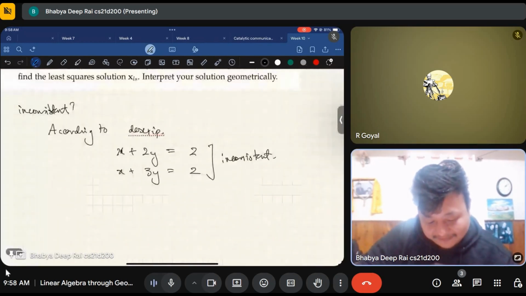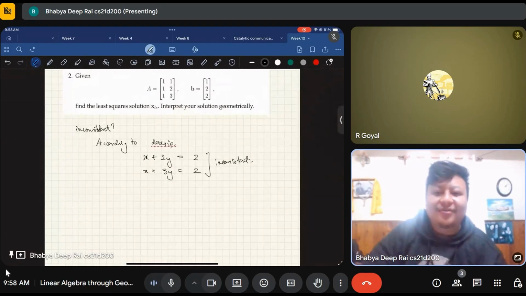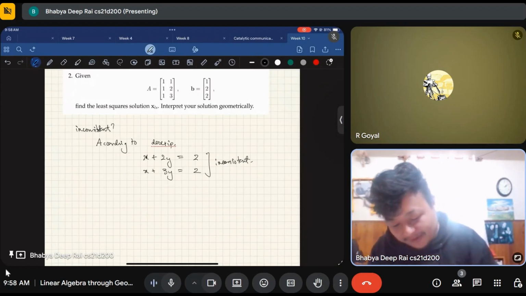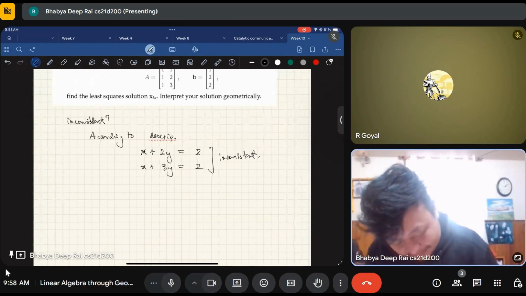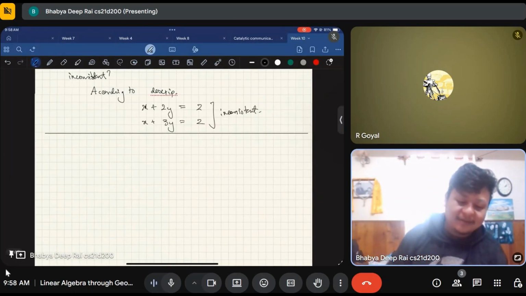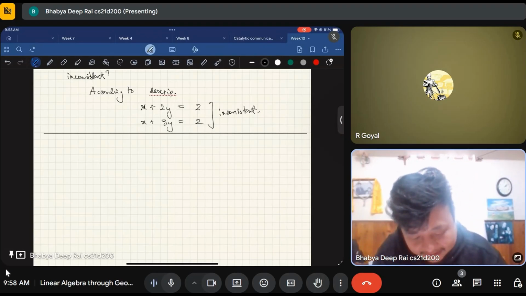So we have an inconsistent system. Now it makes sense to find the least square solution. So how do you find it? I'm not going to go to the proof of it because it's already done in the lectures. You can check it out if you've not seen.